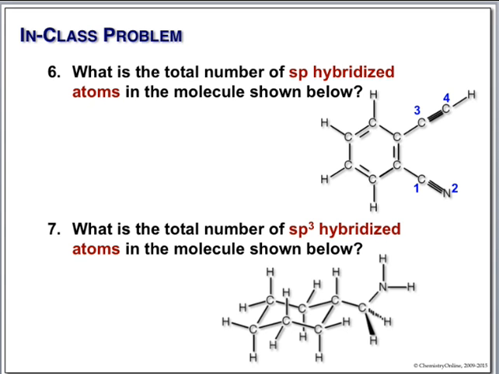Well, you just want to look and say, gee, there are no double or triple bonds, are there? So we are going to count all 6 in our ring, and remember our nitrogen is also sp3. The lone pair, don't forget that, is the 4th thing around it that makes it sp3.